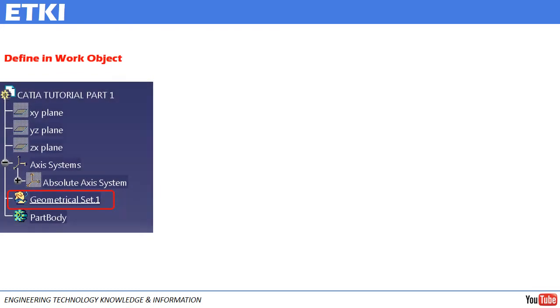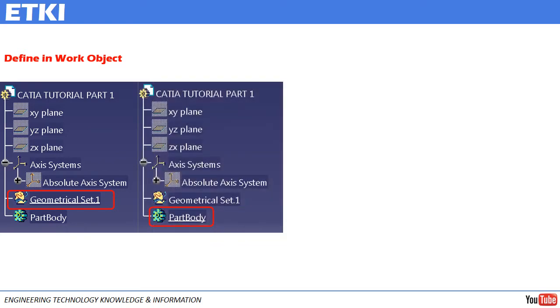In this window, you can see an underline below geometrical set. This means that whatever task you are going to do in CATIA will get added in the geometrical set. Now see this window. In this window, underline has been shifted to part body. So whatever task you will be doing will get added in the part body.